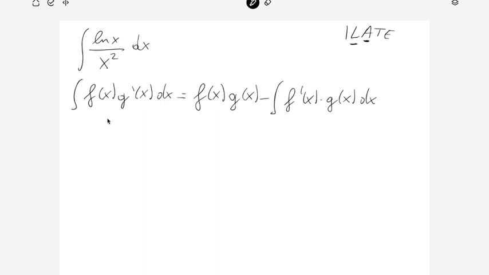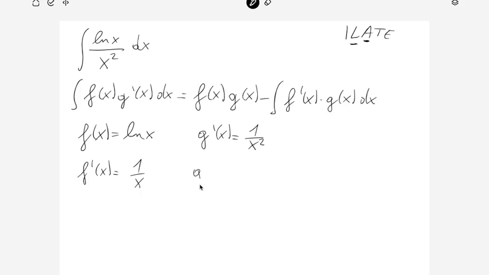In this case f needs to be the logarithm. But this is natural because we don't know the integral of the logarithm, so it needs to be derivated. And g prime of x is 1 over x squared. So f prime is the derivative of the logarithm, so it is 1 over x.